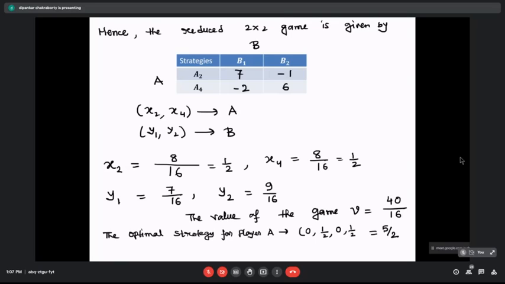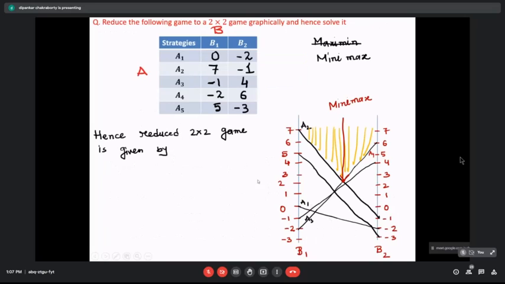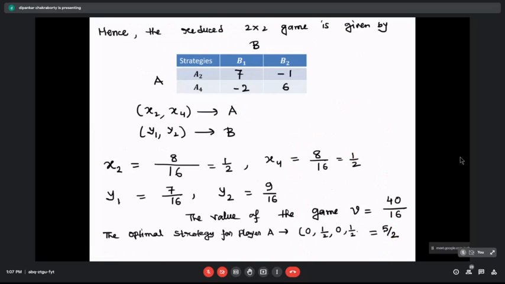How many strategies are there for player A? 5. So again another 0 will come. Okay, and for player B, it is 7 by 16 and 9 by 16. And the value of the game is 5 by 2. Okay to you?